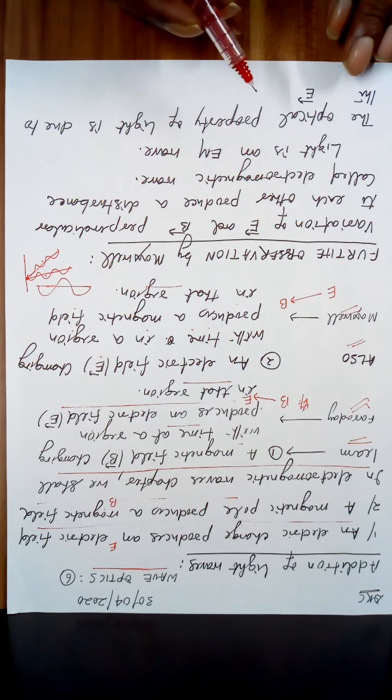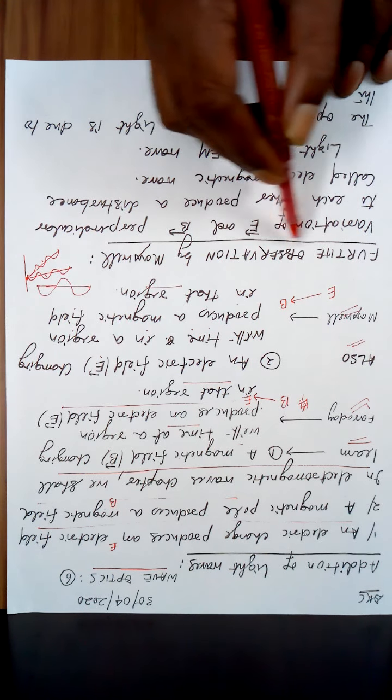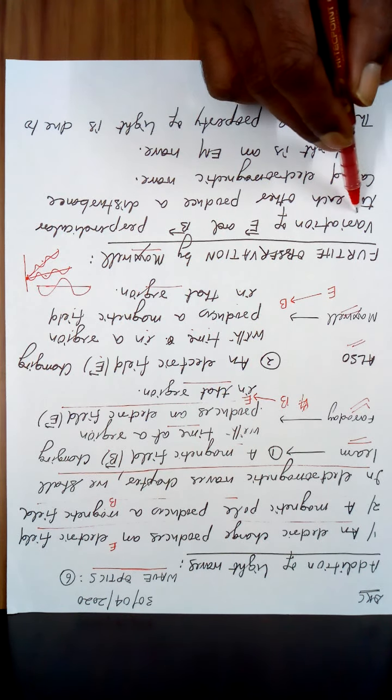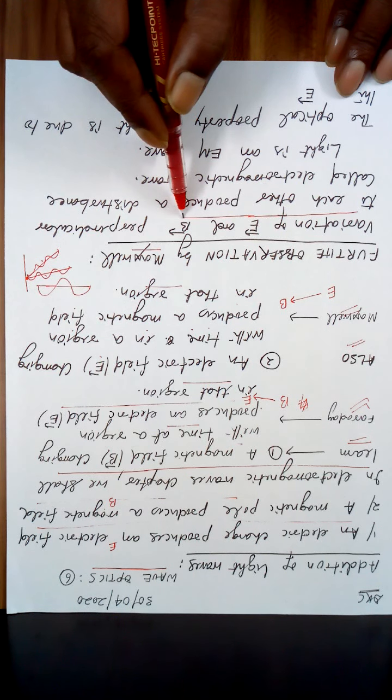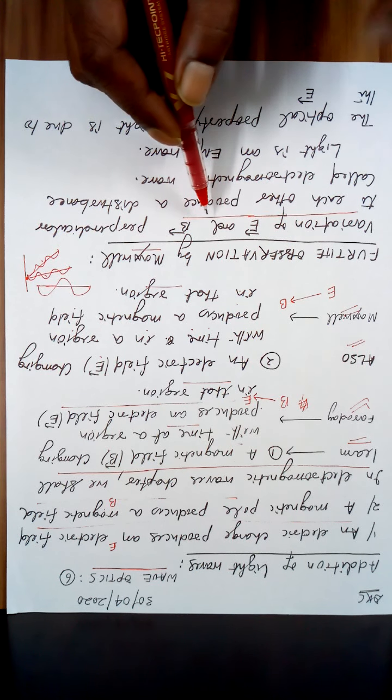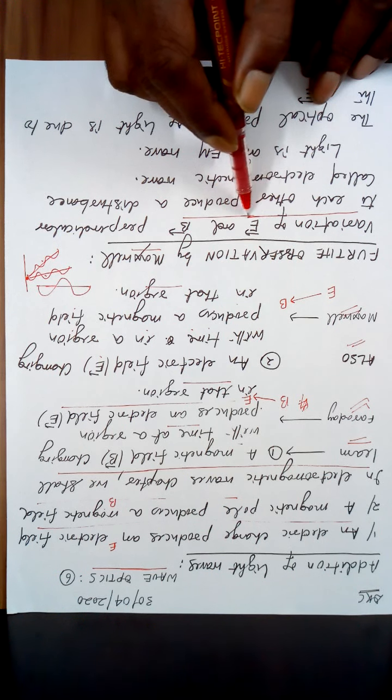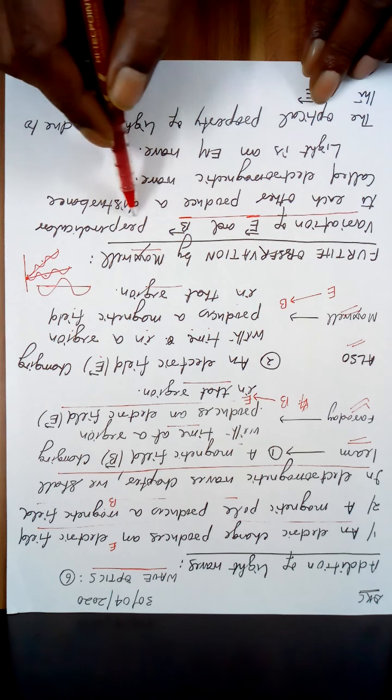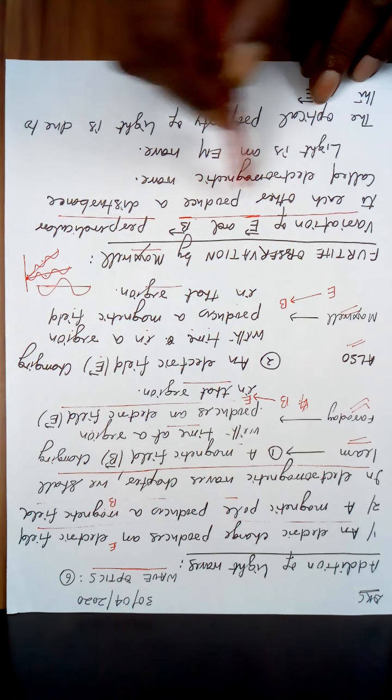Now, what are the further observations by Maxwell? Variation of E and B. Suppose at a given region in space, there is an electric field and there is a magnetic field. Both are perpendicular to each other.